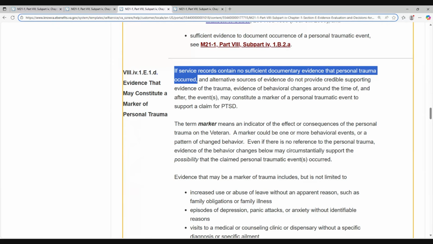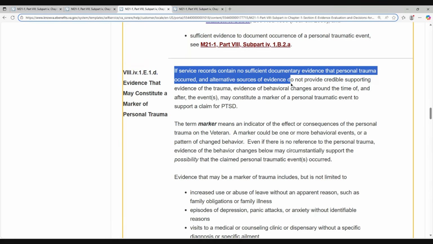Do not let that dissuade you. Please don't, because there are people eager to look through your evidence to find any correlating factors that could concede your stressor, be it for personal trauma and or MST.